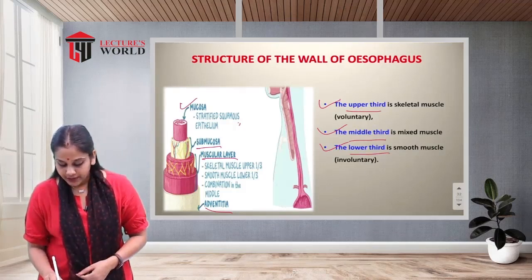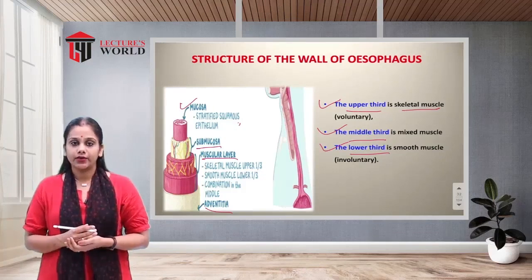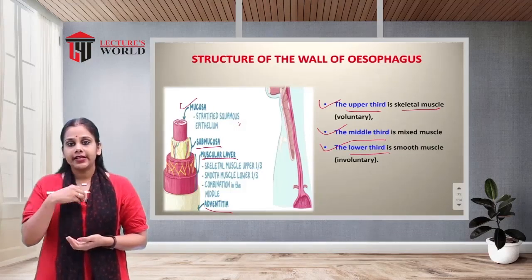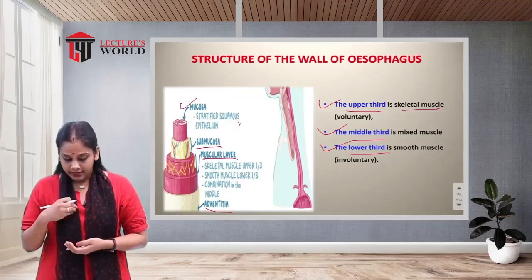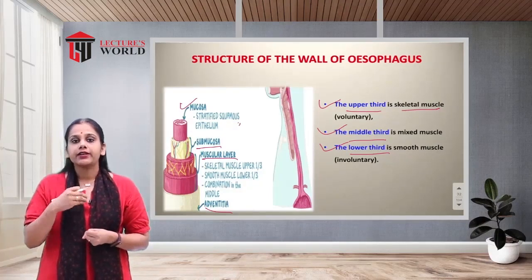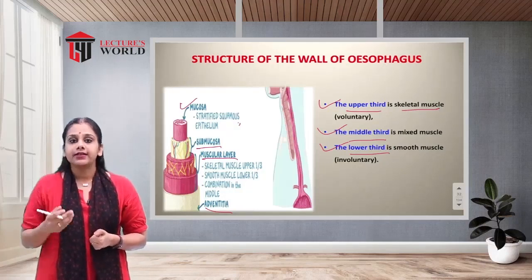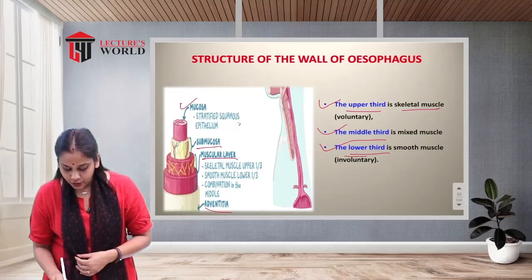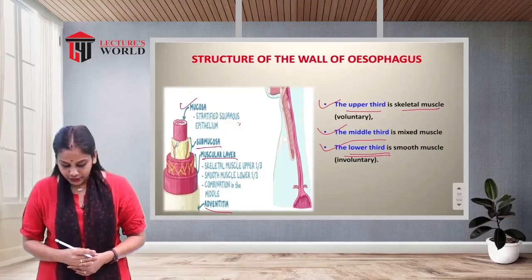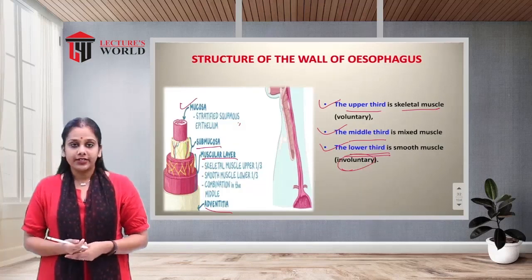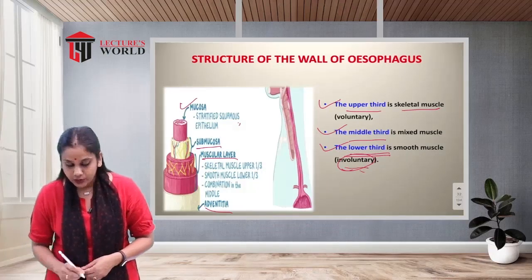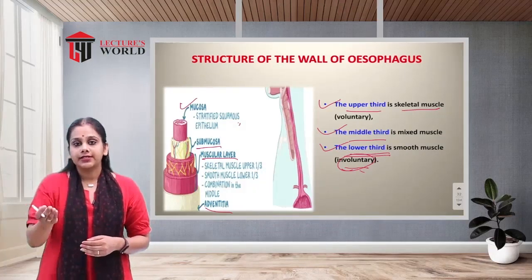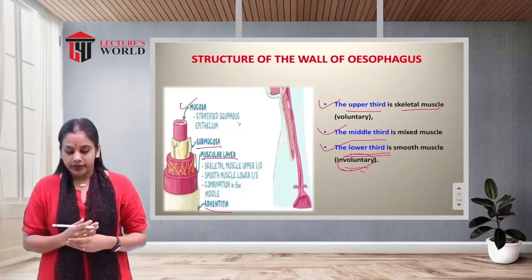In the upper third, there is skeletal muscle that is under control, that is voluntary muscle. If we eat something, in the upper third part there is voluntary muscle, so we have control and can regurgitate food. The lower third contains smooth muscle tissue, which is involuntary muscle, so there is no control and we cannot regurgitate the food.